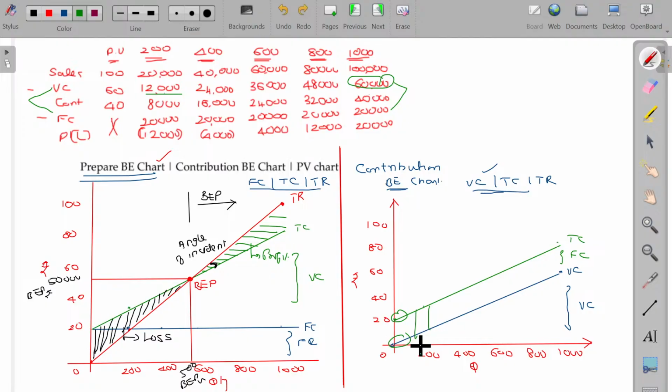Okay. In this case, we start with fixed cost. At 0th period also we have to spend 20, but variable cost 0. 0 plus 20 is the total cost, right? And in case of sales, I can now plot the sales also. For 0 it's 0 only. For 1000 units, the value being 1 lakh.